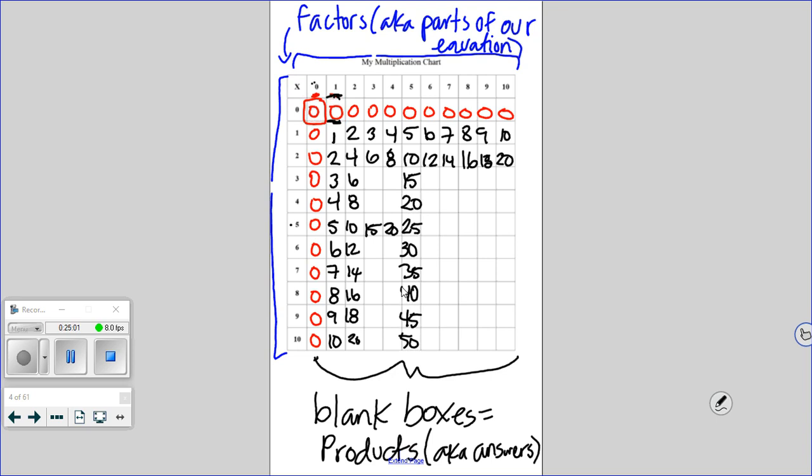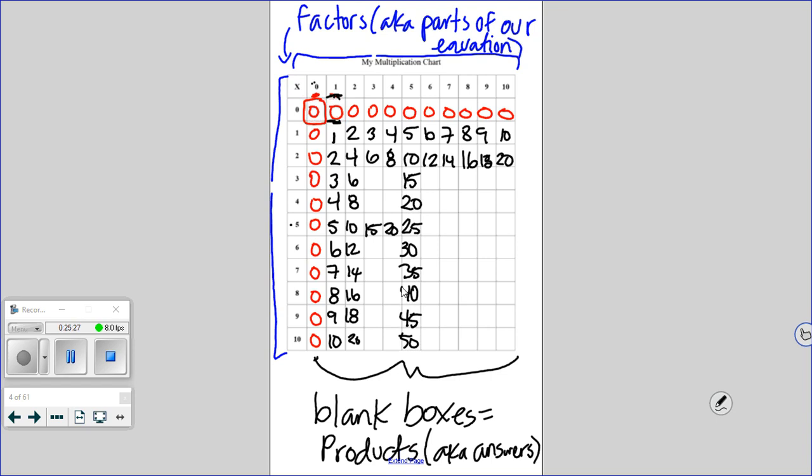Thomas? What equation gives me 25? 5 times what gives me 25?